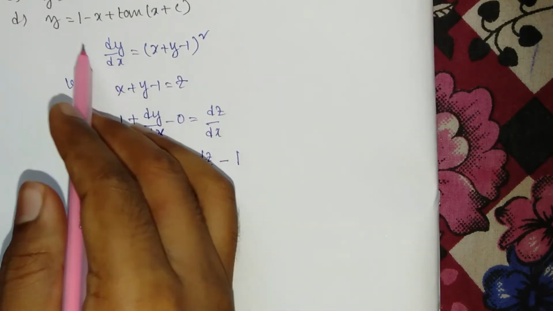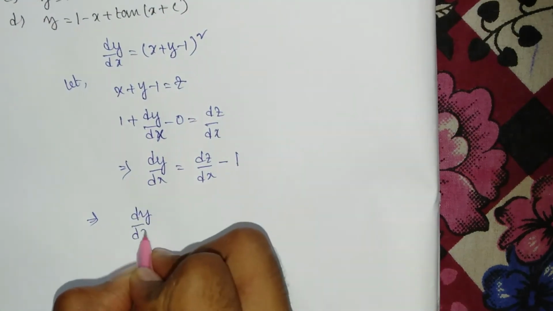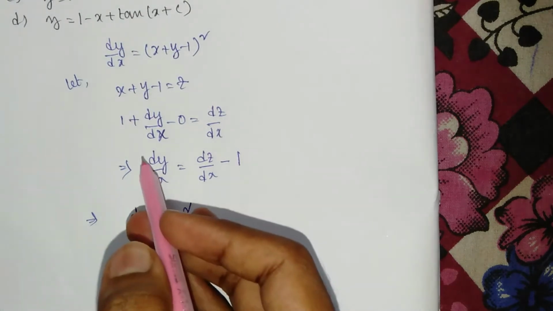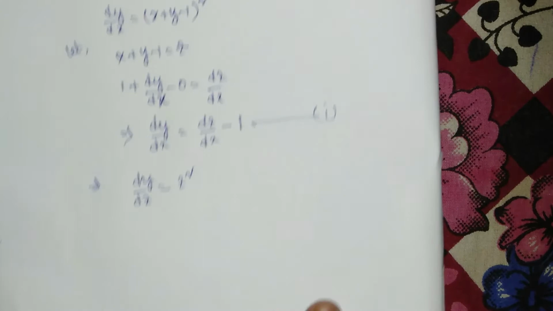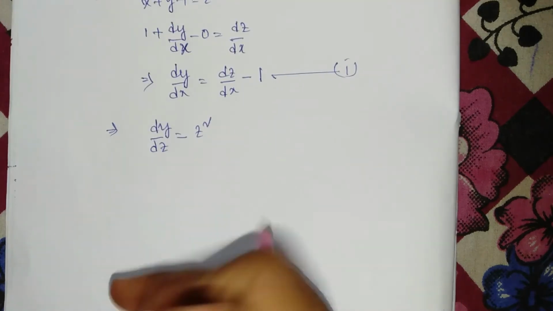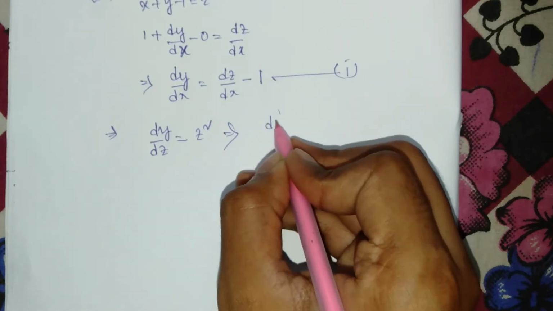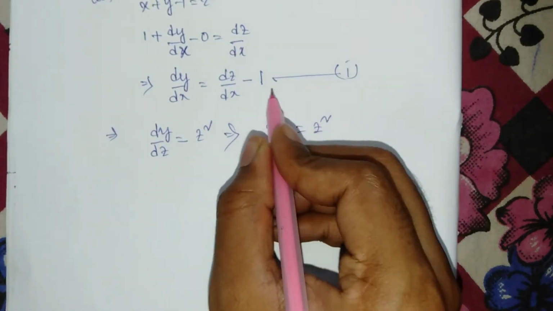we know dy/dx is equal to z square. Putting the value of dy/dx in this equation, let this be equation number 1, so we get dz/dx is equal to z square plus 1.